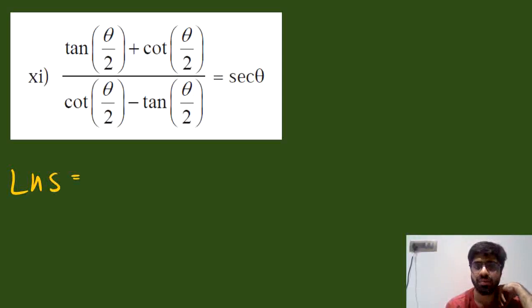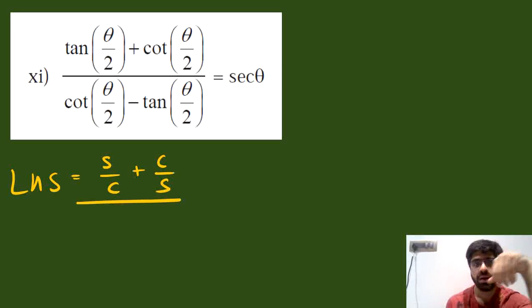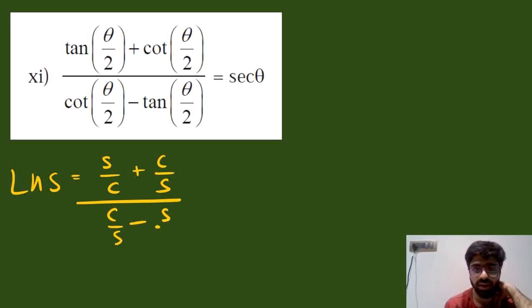All the angles are theta by 2, so I'll just write S and C for sin theta by 2 and cos theta by 2. In the numerator it is tan theta by 2, that is sin by cos, plus cot theta by 2, which is cos upon sin. Similarly, the denominator is cos by sin minus sin by cos.